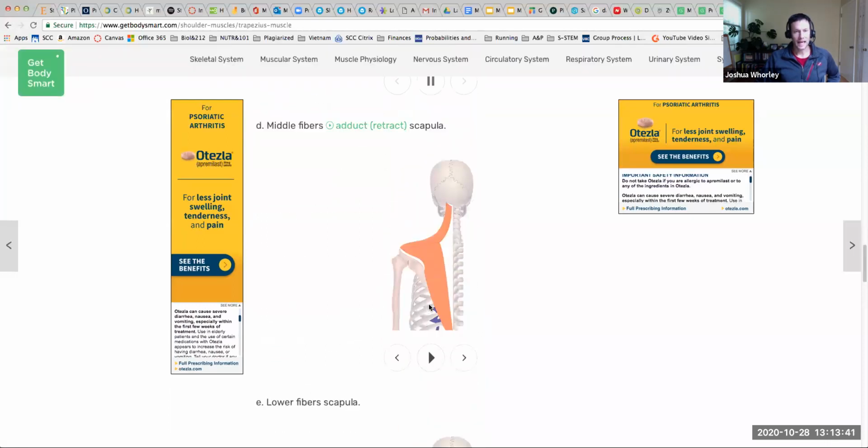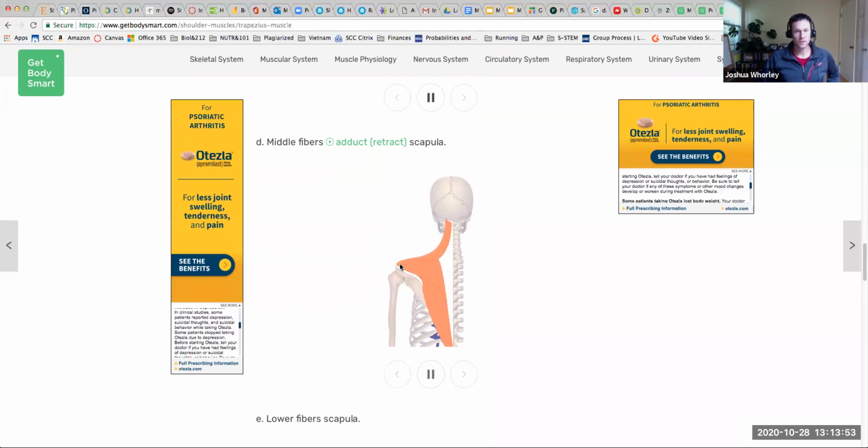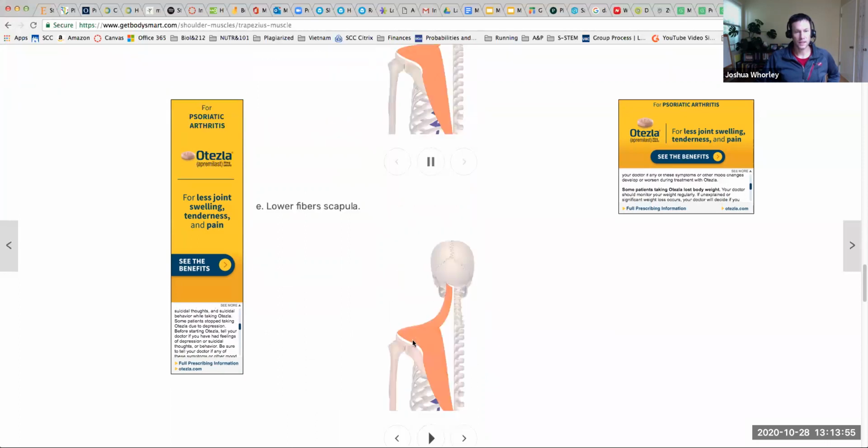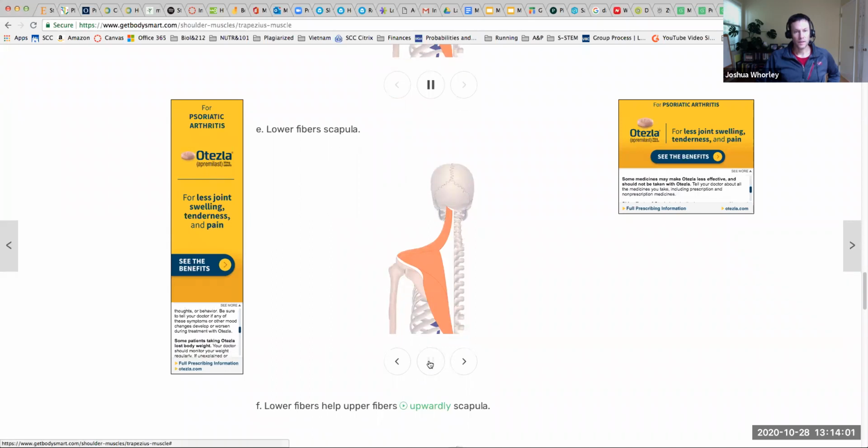And it can adduct the scapula, so it can pull the scapula in towards the midline of the body. So that's adduction, right? All of these firing will adduct it, and it can even lower the scapula when we get this portion firing, so it pulls it down.